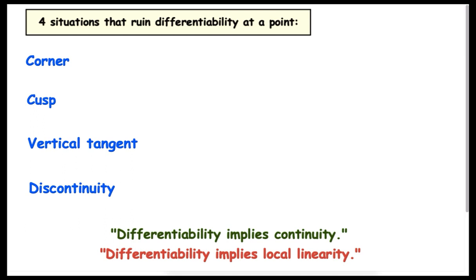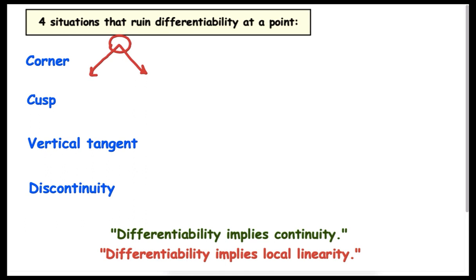Differentiability literally is the ability to take a derivative. We already saw that corners are an issue. If you have a corner right there, you don't have a derivative. A cusp is similar to a corner. In fact, College Board doesn't make any differentiation between the 2 terms, so you can call them all corners if you want.